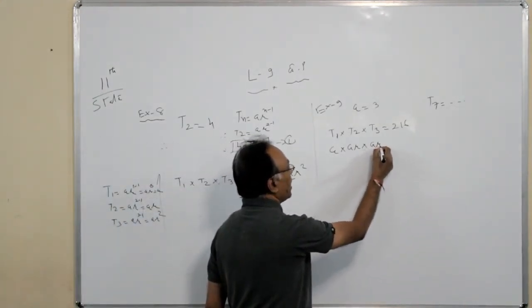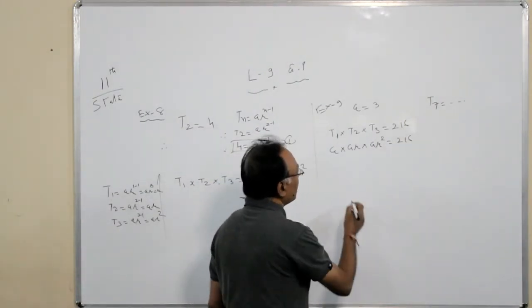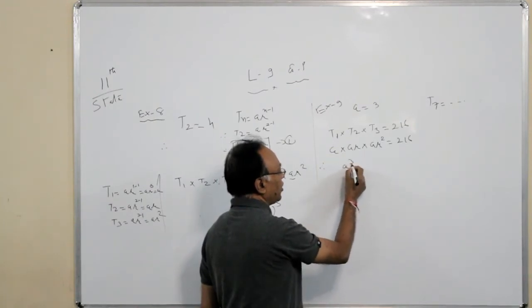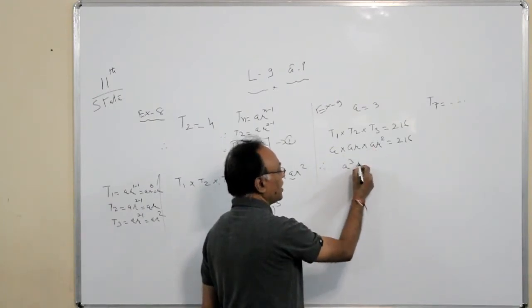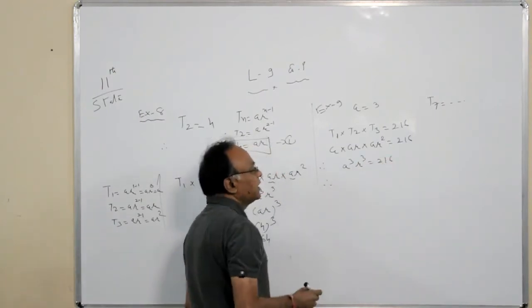So A into AR into AR square is equal to 216. Therefore A into A into A is A cube, and R into R square is R cube, equal to 216.